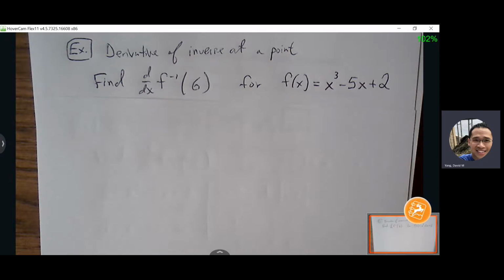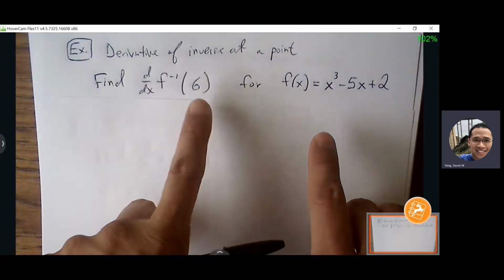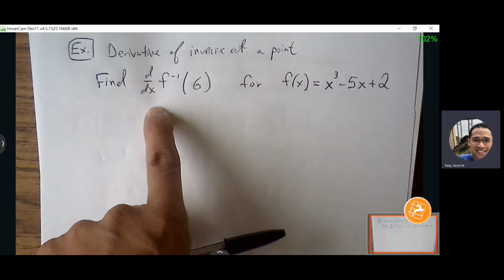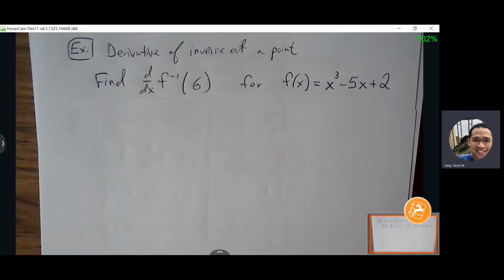Okay, so derivative of an inverse at a point. The thing we have to understand is that there's an established relationship between a function and its inverse. That relationship, ordered pair wise, is that whatever ordered pair sits on the inverse function is going to be the flipped version on the original function.